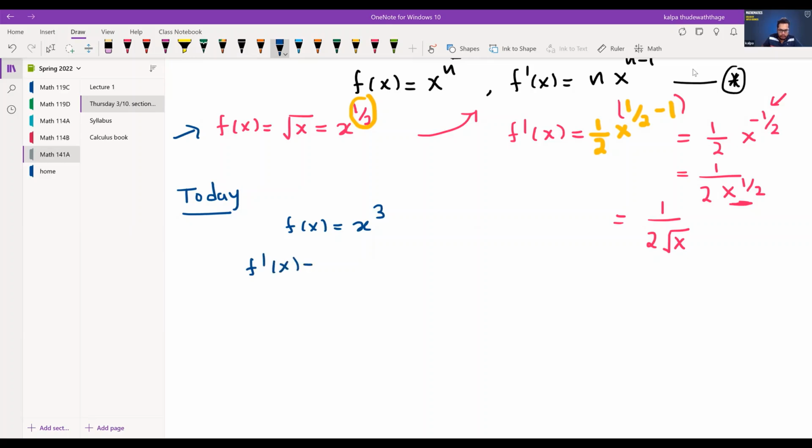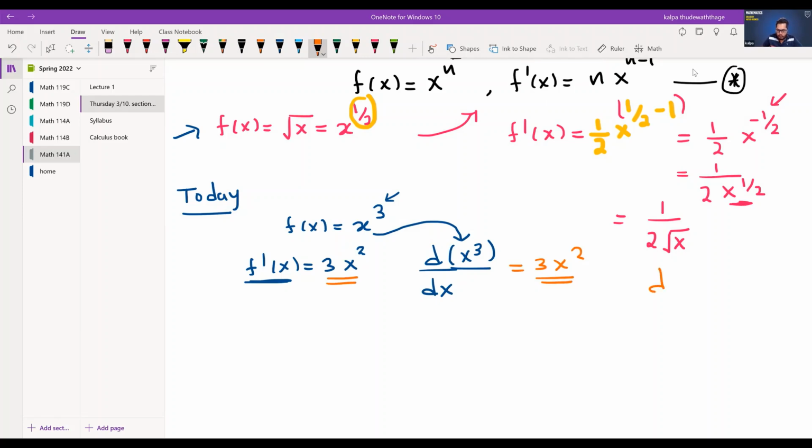You take the power 3 down and subtract 1 from the power. Sometimes people write this f dash x as d over dx of the function you want to differentiate. You put the function you need to differentiate here, and this is exactly the same as our answer.